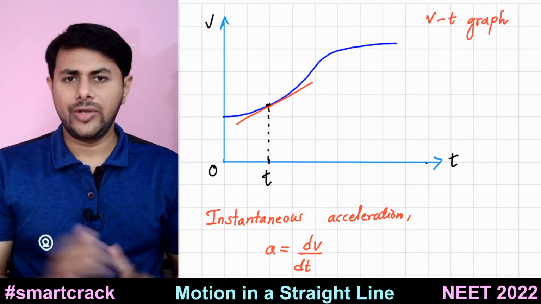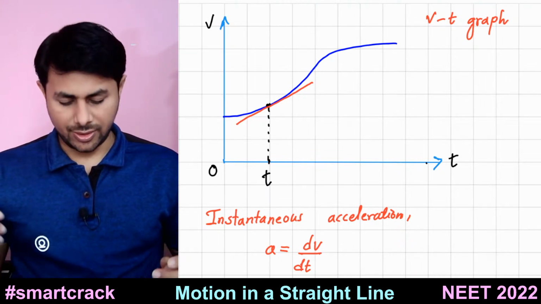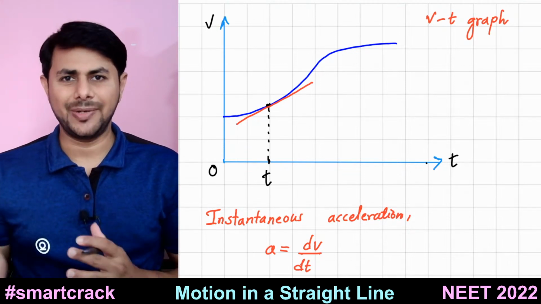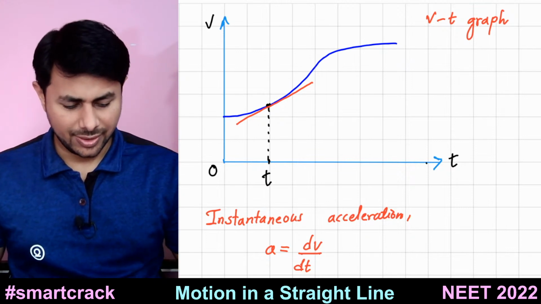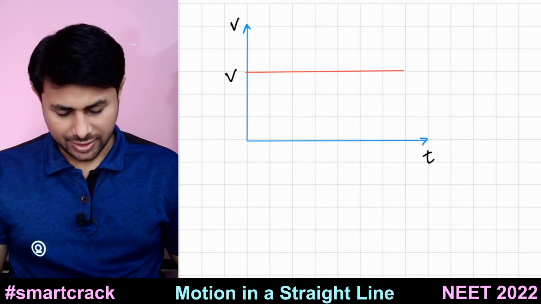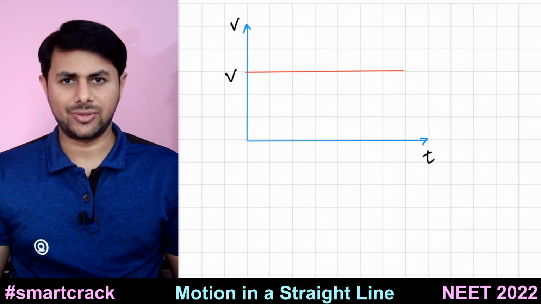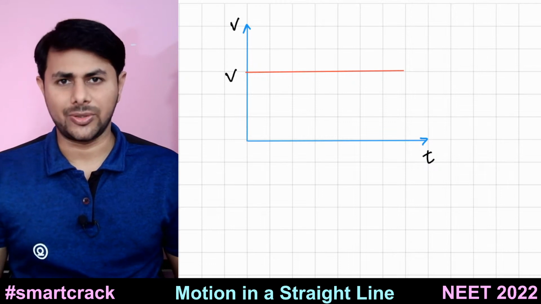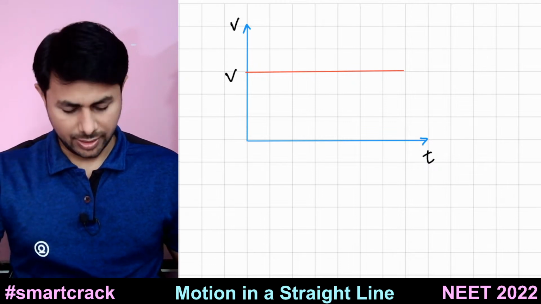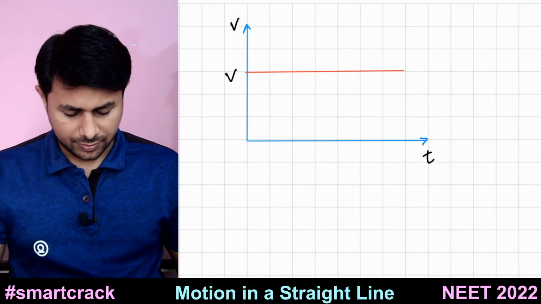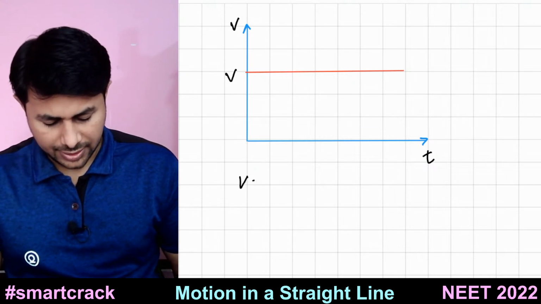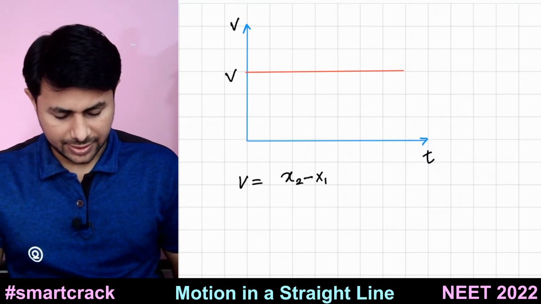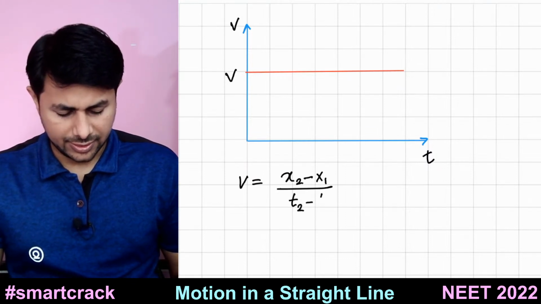After that, we get one more piece of information from the velocity versus time graph, and that is the displacement. Let's see how. If we consider this simple velocity versus time graph, which is for constant velocity, for uniform motion, here velocity is constant, and I can write this velocity as the change in position, x2 minus x1, divided by t2 minus t1.